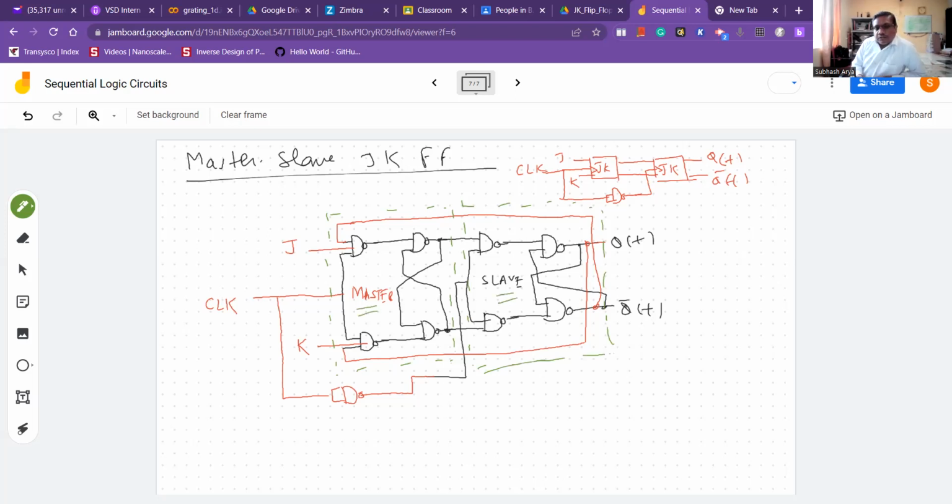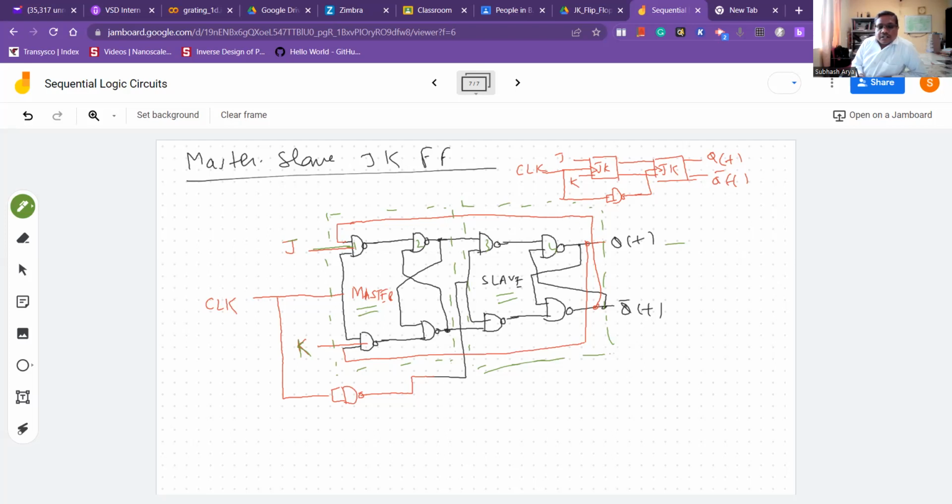In this way, the signal from the inputs J and K, as well as the clock, has to travel through 4 NAND gates, 1, 2, 3, 4, which are cascaded. So we are increasing the total propagation delay time taken by the signal to reach the output.